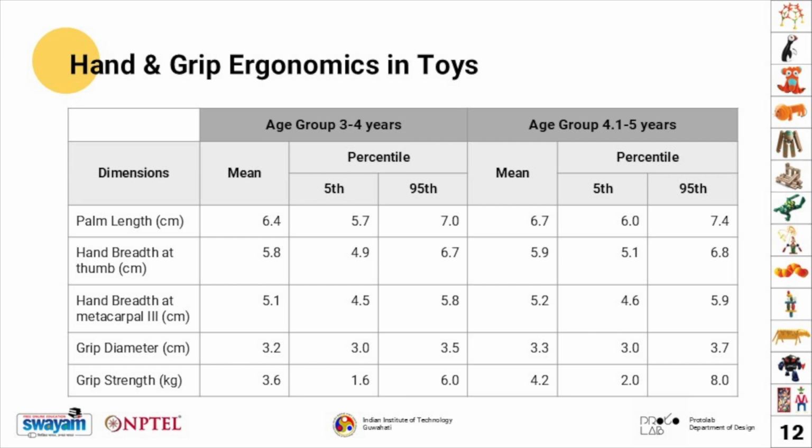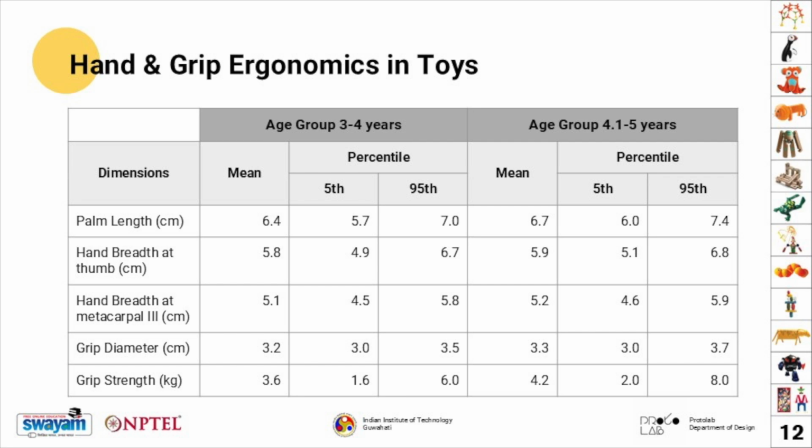Grip strength for 4 to 5-year-olds ranged from 2 kg for 5th percentile to 8 kg for 95th percentile. That is a massive range. So if a toy requires more than 2 kg of force to activate, you are immediately excluding at least 5% of the children, possibly more when fatigue is considered.